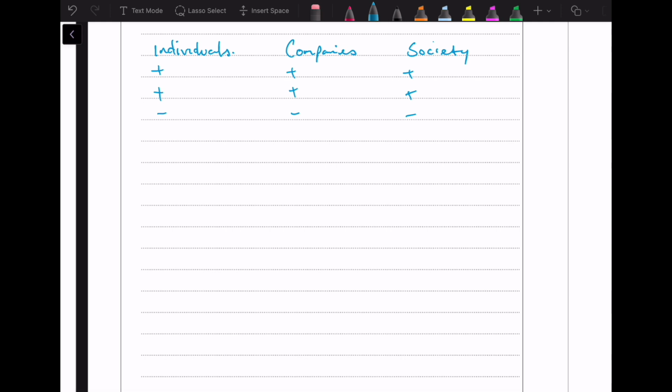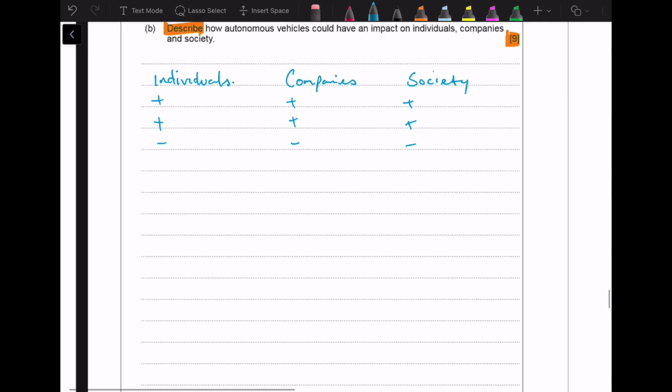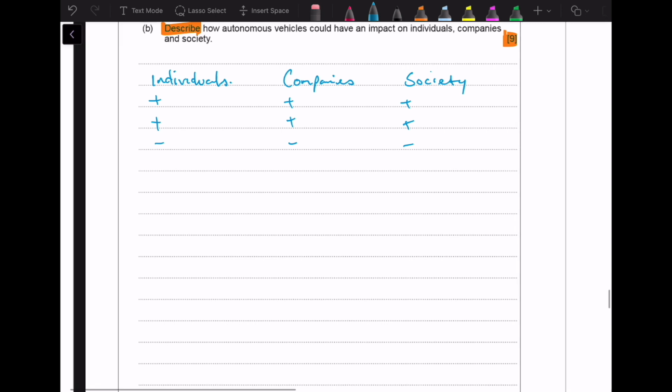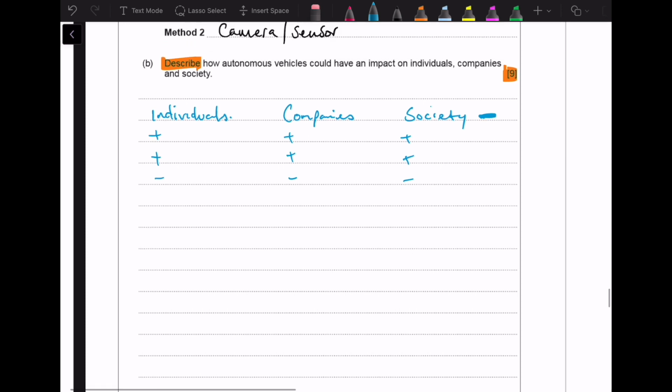So if you look at this just really quickly, things like society impacts or social impacts, because we're going to need fewer bus drivers, you will lose jobs there because obviously there's going to be fewer people around to drive. Also, you've got advantages there of the driver not needing to pay as much attention as potentially they would have in the past.